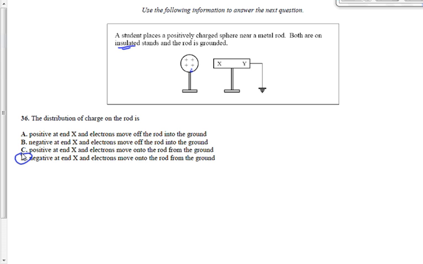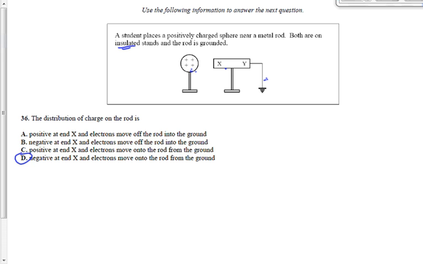Now, even if they didn't tell us it was an insulated stand, we probably wouldn't have even thought of that, right? But it could have happened. So they're just saying, look, if you're one of those people that are just thinking of all the different possibilities, don't worry about that. The electrons aren't going to be transferred up through the ground here. The only things that we have to worry about are this, and then the connection with the ground right there.